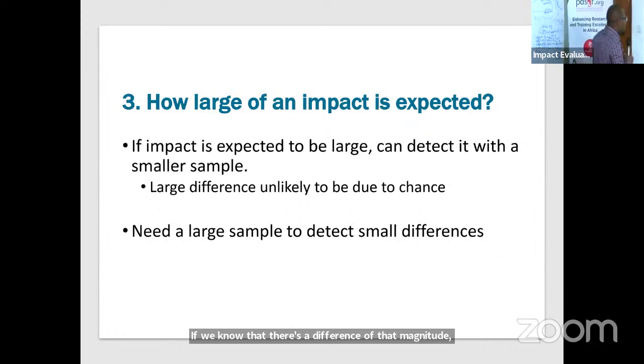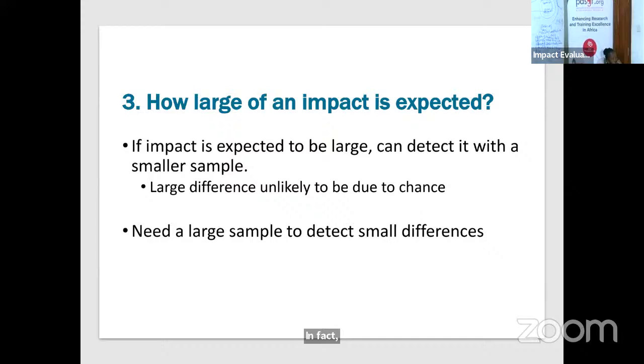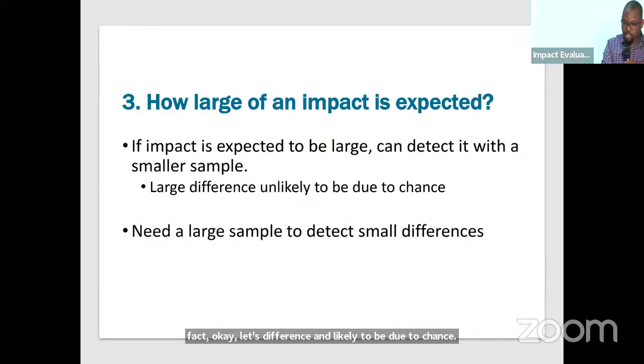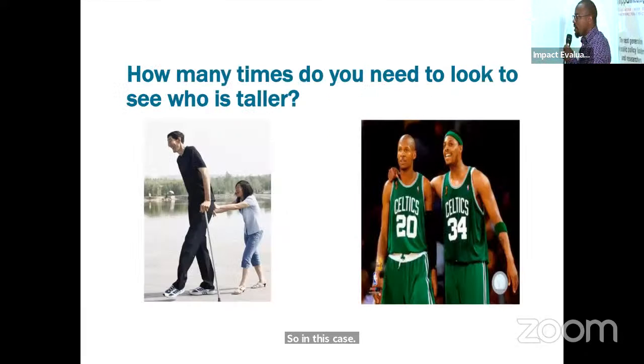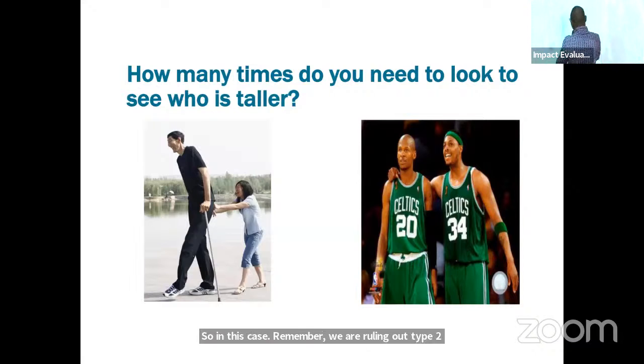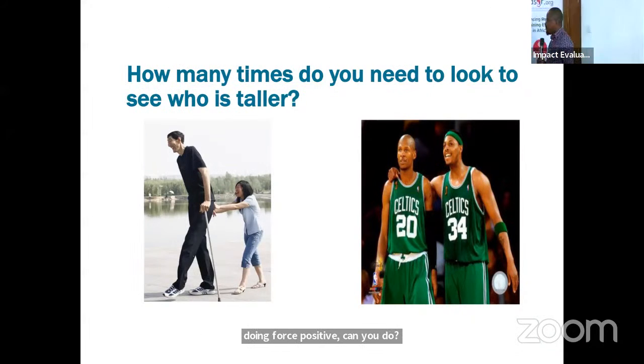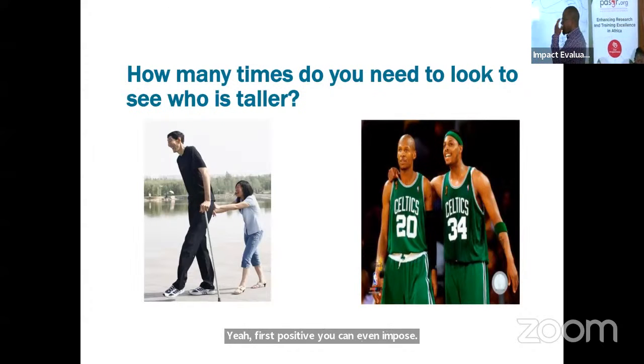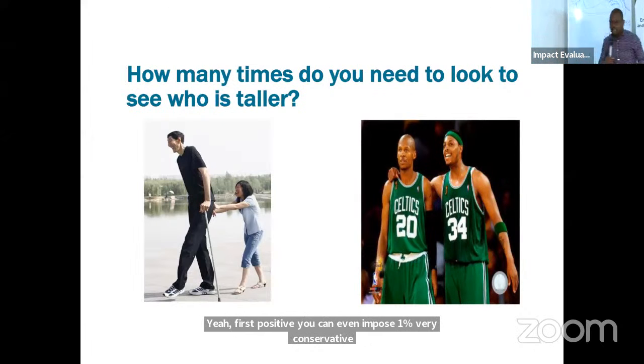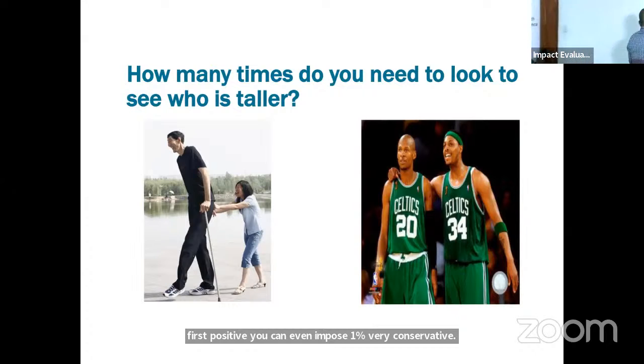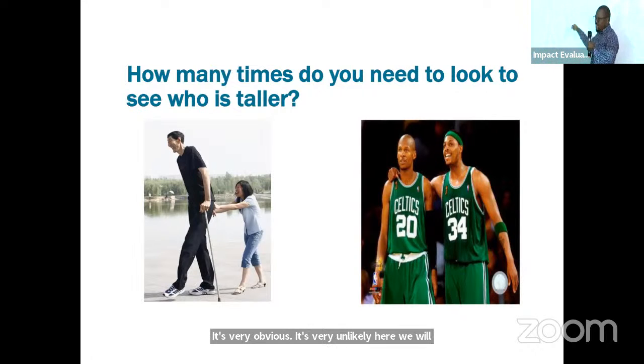A large difference is unlikely to be due to chance. So remember, we are ruling out type 1 error, the risk of a false positive. Here you can even impose 1%, very conservative. It's very obvious. You will conclude that the lady is taller than the other guy. Very unlikely to be wrong, right?